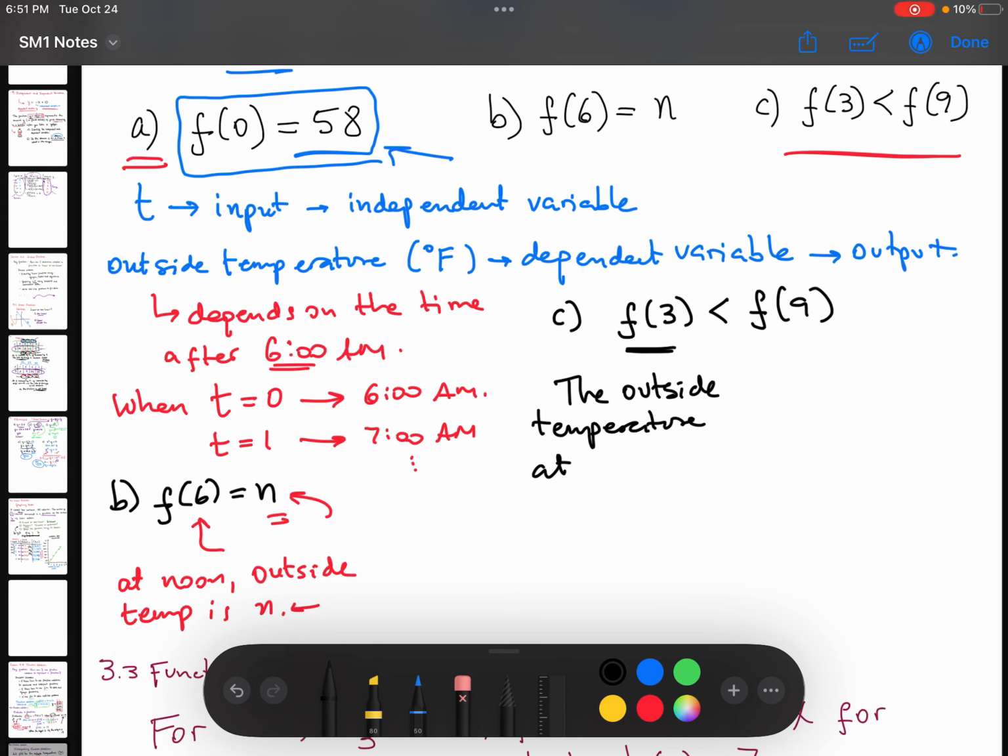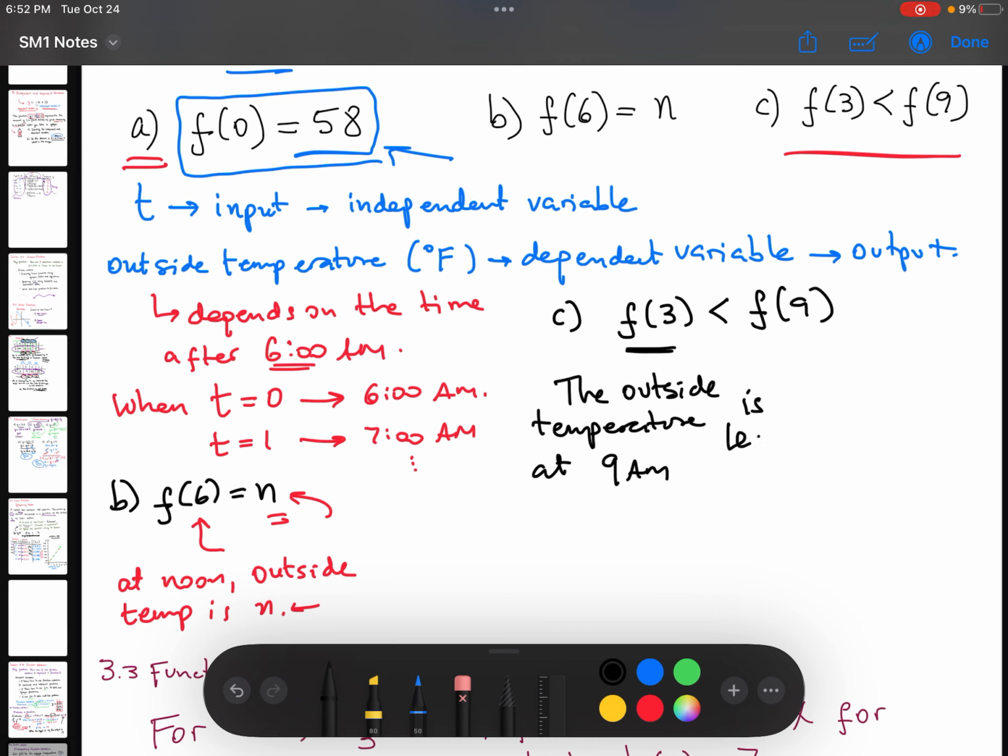What is 3 in this case? 3 hours after 6 a.m. It means at 9 a.m. is, all right, is, and I hope that you are remembering everything that you've learned before in terms of the less than and the notions of what those less than, greater than mean, right? Okay, so in this case, let's keep going.